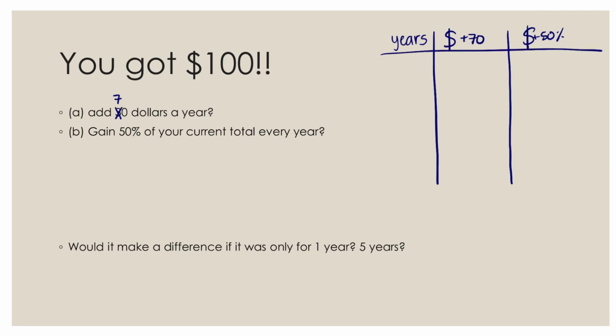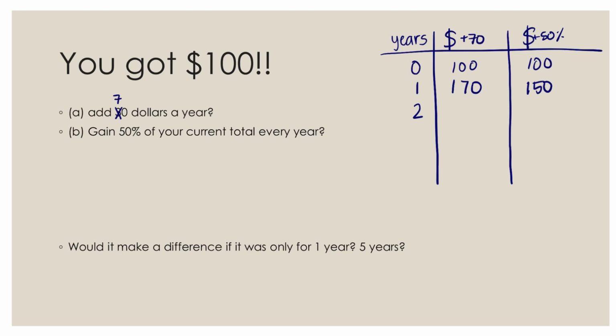Let's see. So let's say year 0, we have $100 in both cases because you haven't done anything to it yet. Year 1, you add $70, so that becomes $170. And in the other one, we add 50%. 50% of 100 is $50, so I would have $150. So at 1 year, I would prefer to add $70. So let's do it a couple more times.